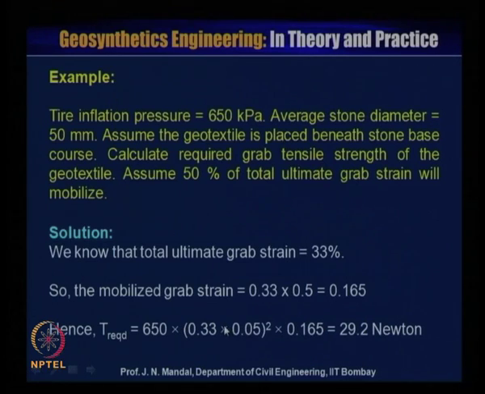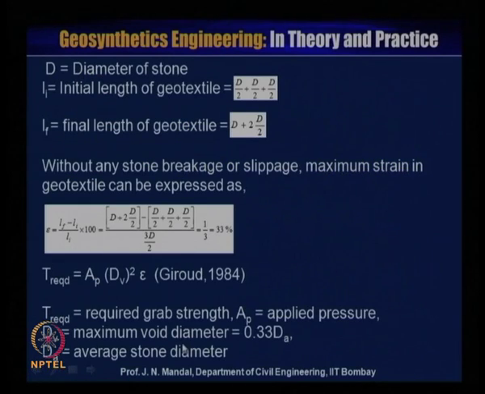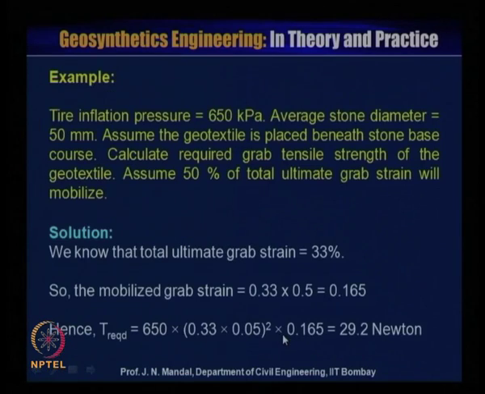So, dV square will be 0.33 times 0.05, because dV is equal to 0.33 dA, where dA is the average stone diameter, and the average stone diameter here is 50 millimeter.